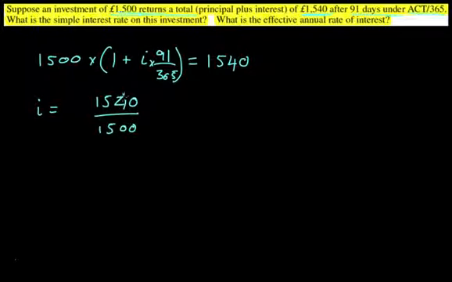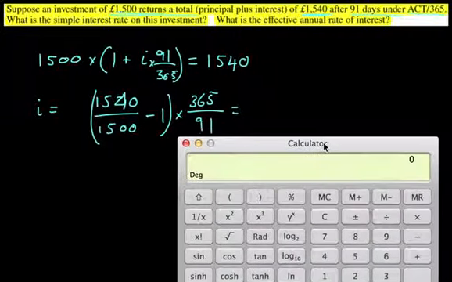Sorry, that looks a bit like a Z, but it's definitely a 4. We'll minus the 1, and then we're going to divide by 91 over 365, which is essentially multiplying this whole thing by the inverse, which is 365 on 91. And that's going to give us our simple interest rate on the investment.